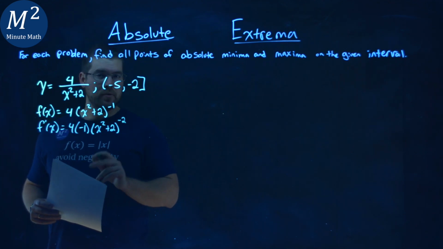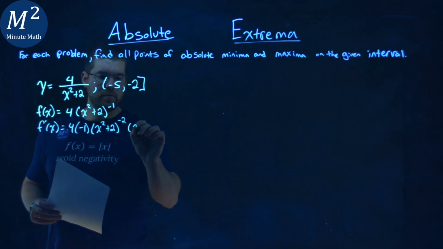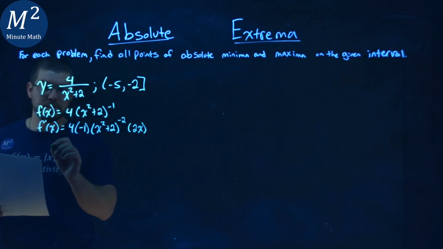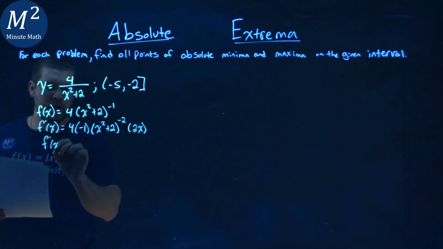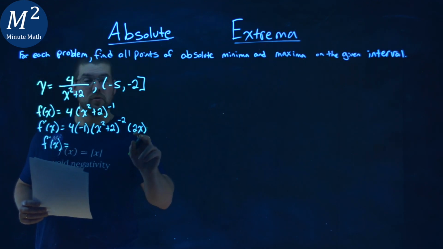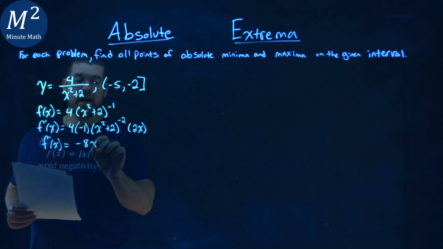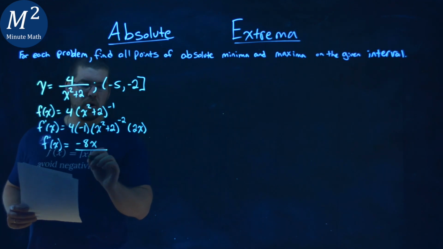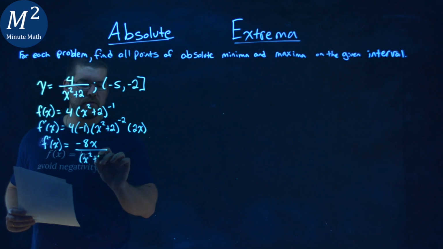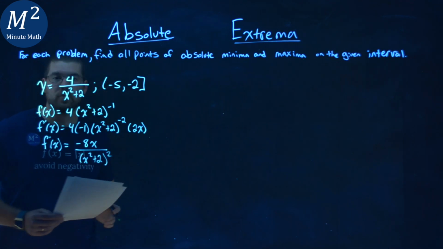Now apply the chain rule, derivative of the inside, which is a 2x. From there, we need to simplify this bad boy here, so f prime of x, and 4 times a negative 1 is a negative 4, times 2x is a negative 8x. All over, I'm going to bring this down to the denominator, and x squared plus 2, all squared.